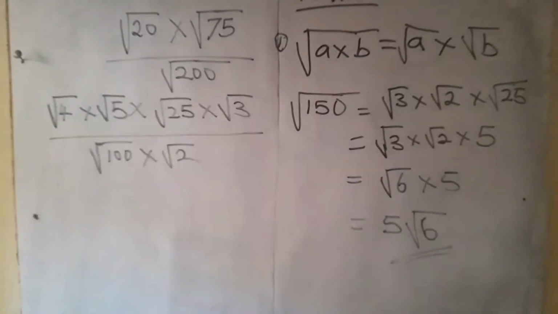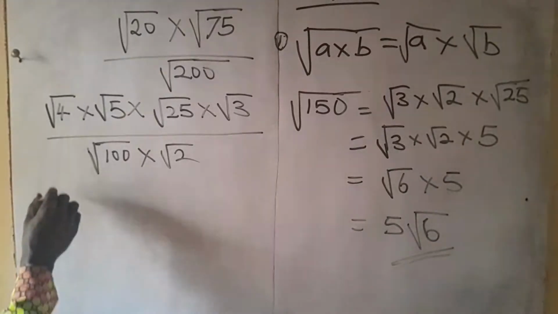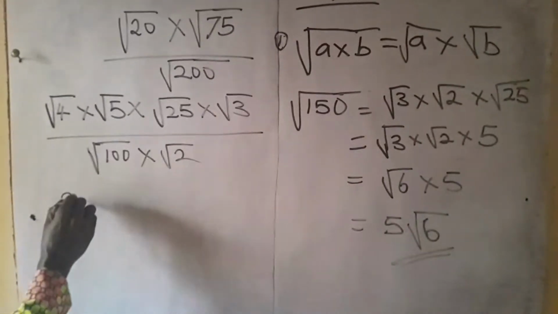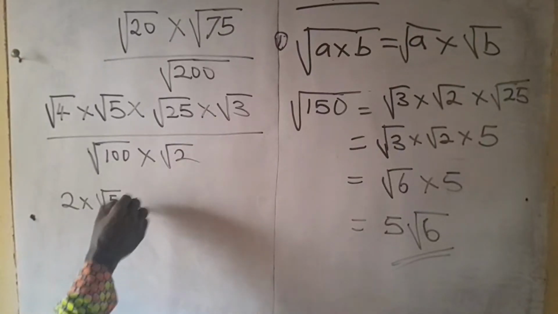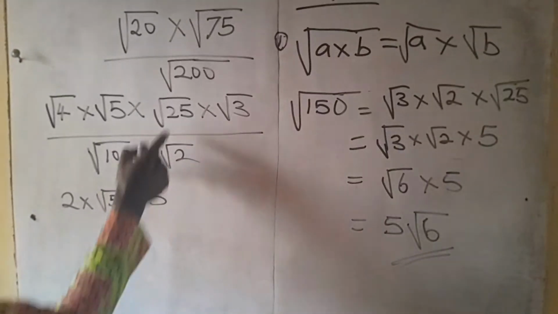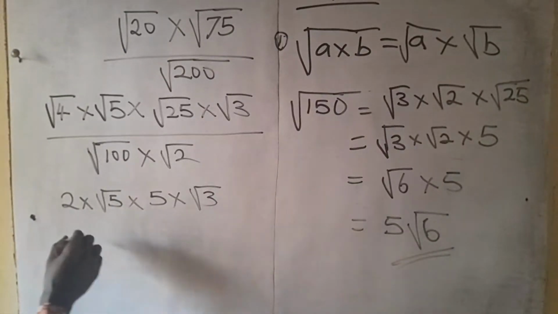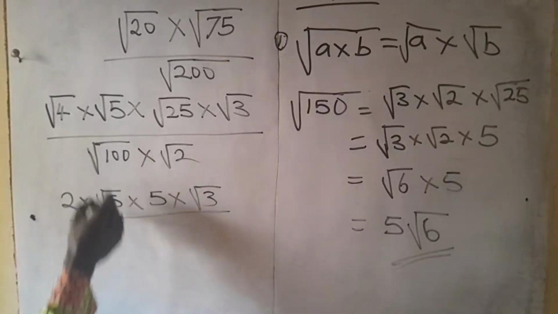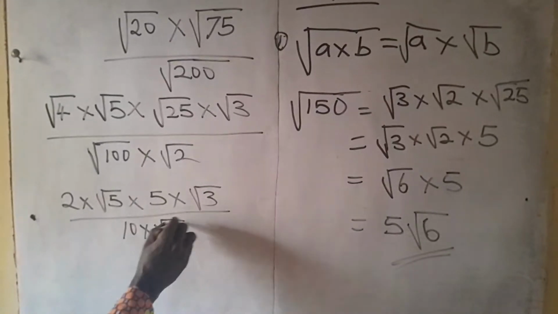And that's root 100. Okay. And then going forward, I have root 4 is 2 multiplied by root 5. Then multiplied by root 25 is 5, multiplied by root 3. And then everything over root 100 is 10 multiplied by root 2.